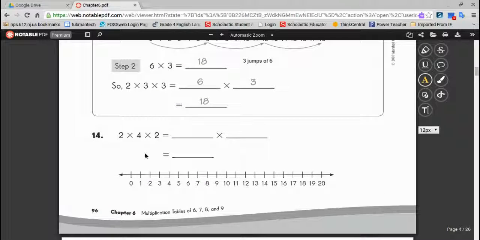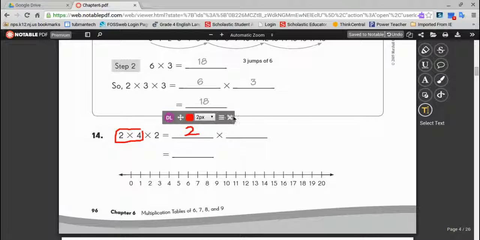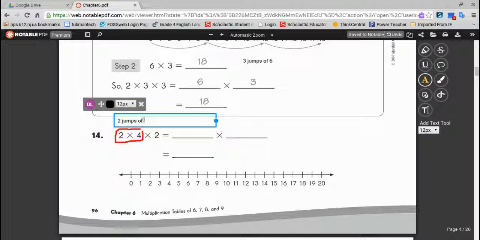So let's do this together. Over here, we're going to take these two problems first. 2 times 4. So we're going to first start with 2 times 4. Oops, let me erase that. So 2 times 4, as shown on this number line, is just 2 jumps of 4.